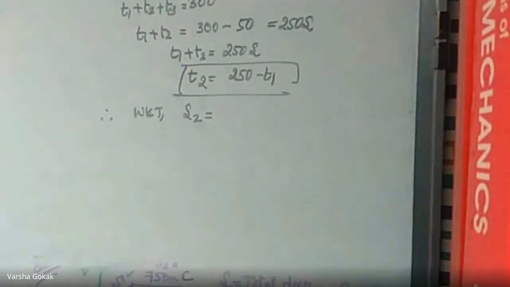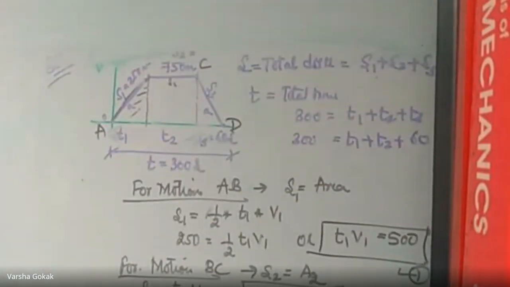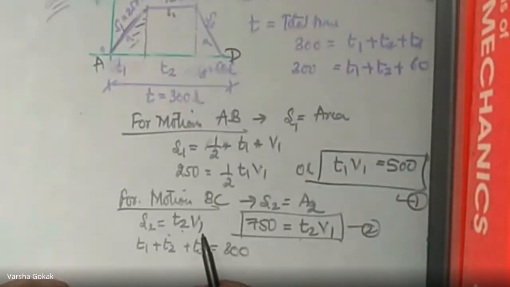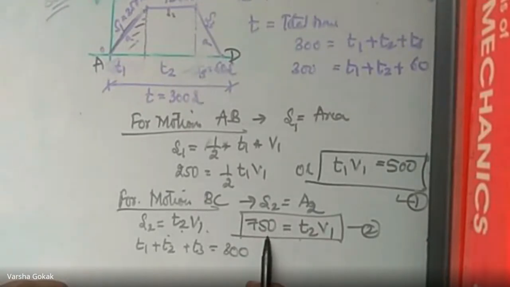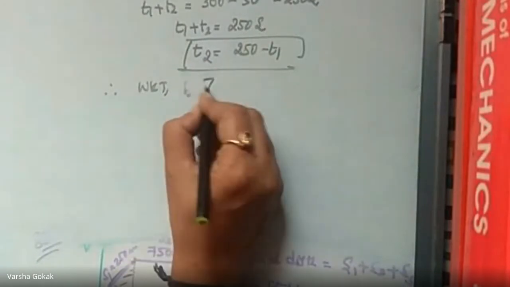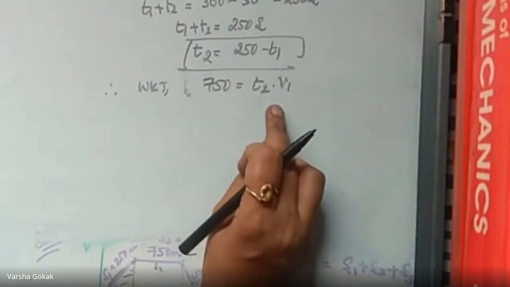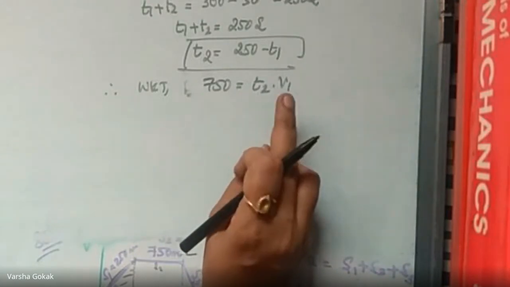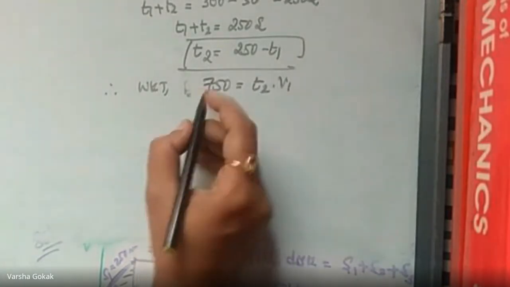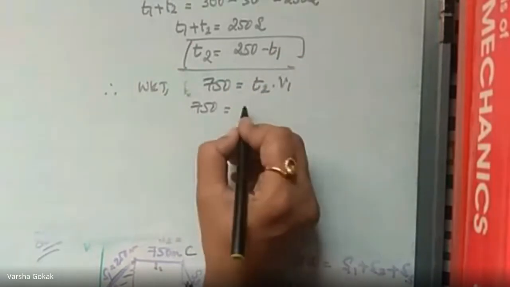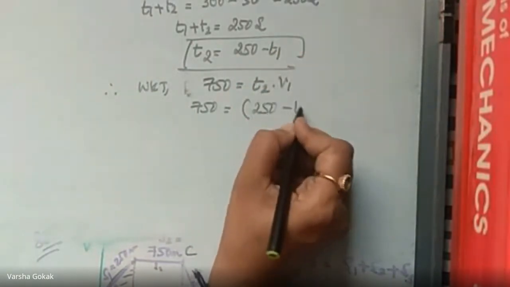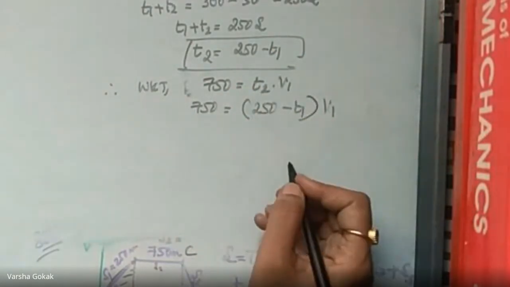So what was our condition for S2? Going back here, S2 equals T2 V1, from where I got the equation 750 is T2 into V1. We know this from our second equation, right? Substitute here, I know the value of T2 now. So 750 will be equal to 250 minus T1, into V1.